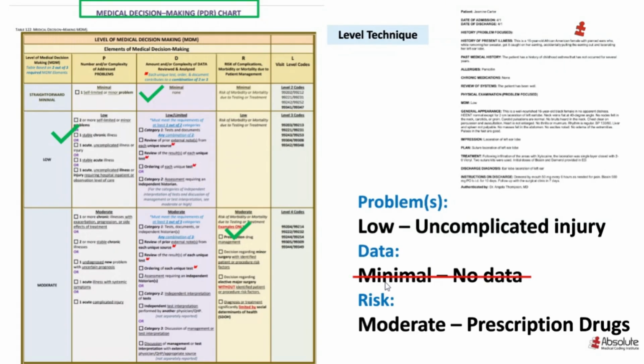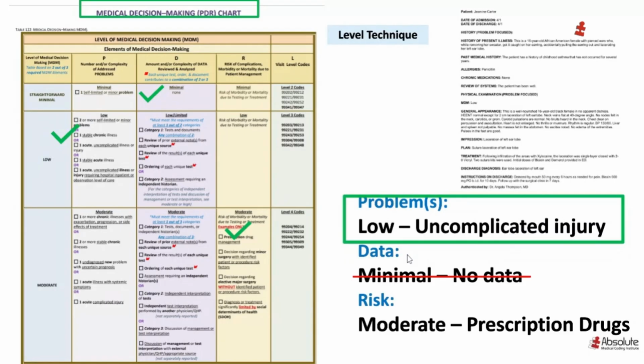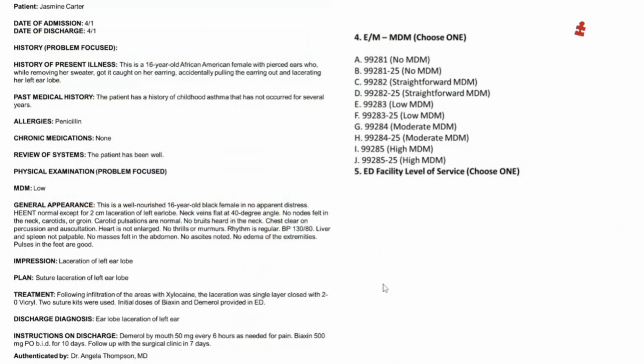I'm throwing out the minimal or straightforward, and then you code the next level, and that is low. So the MDM is low, just like the doctor said. The MDM is low. All right, coders, how do you feel? Doing good?